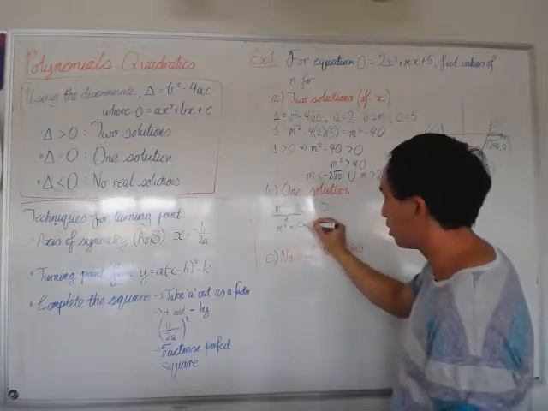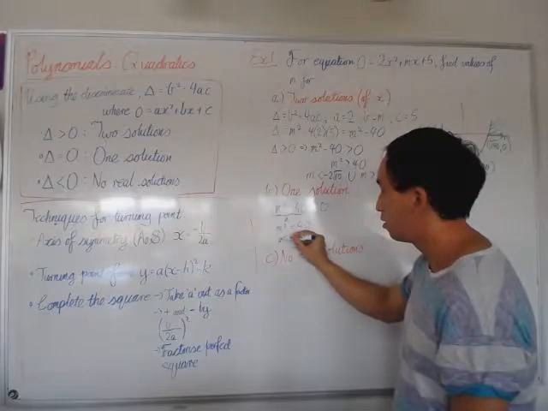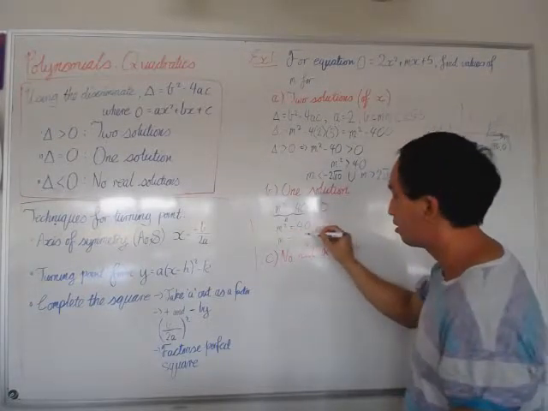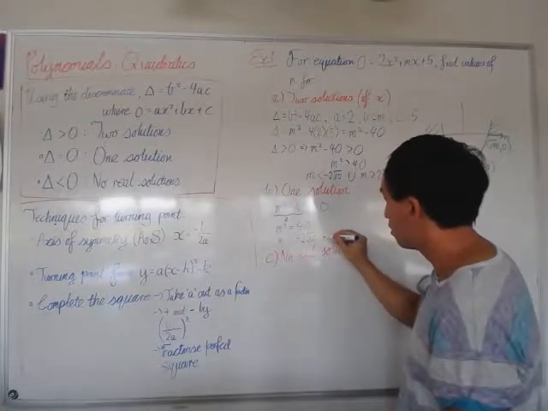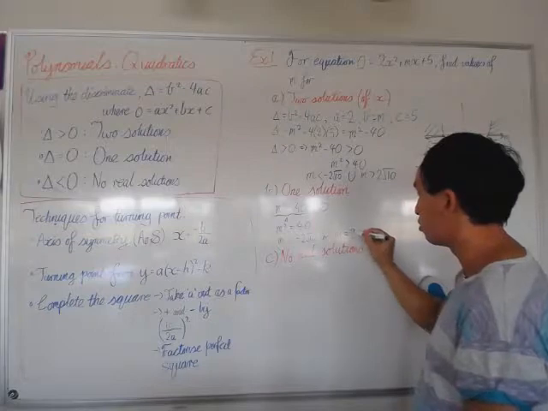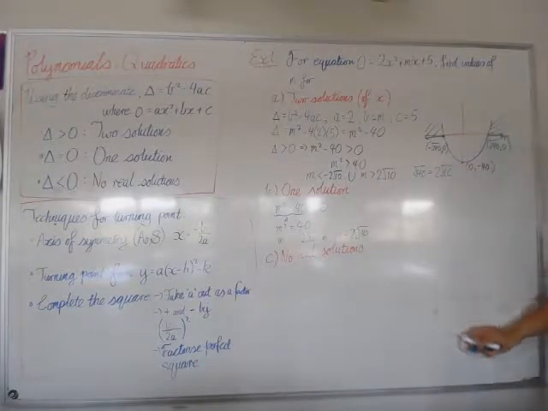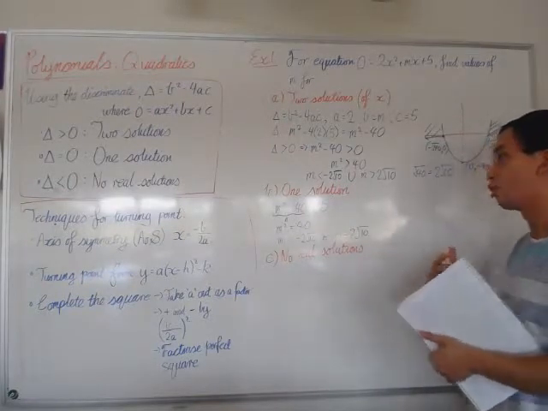Similar scenario, m squared is equal to 40. And since it's just an equation, we just take the positive and negative square roots of the right side. So we have m equal to negative 2 root 10, or m equal to positive 2 root 10.